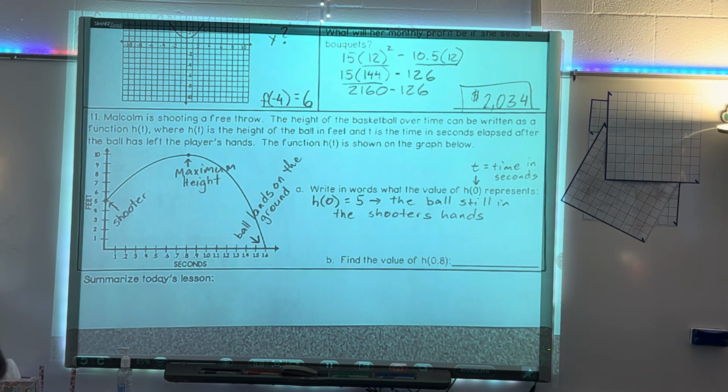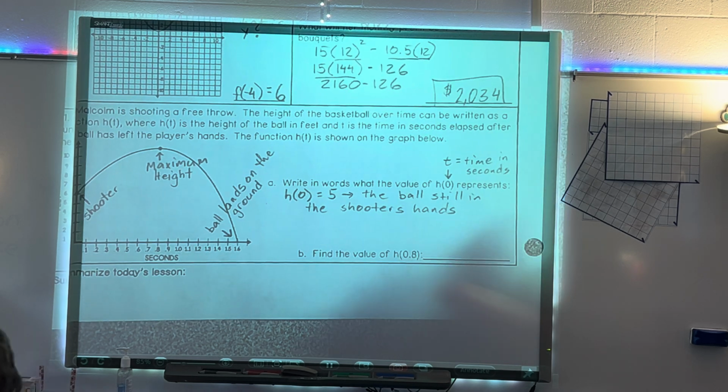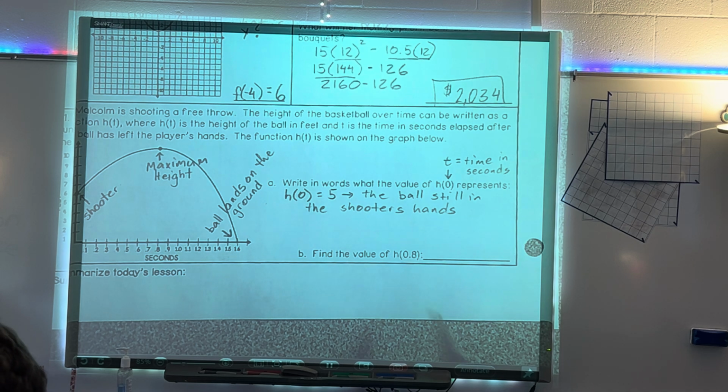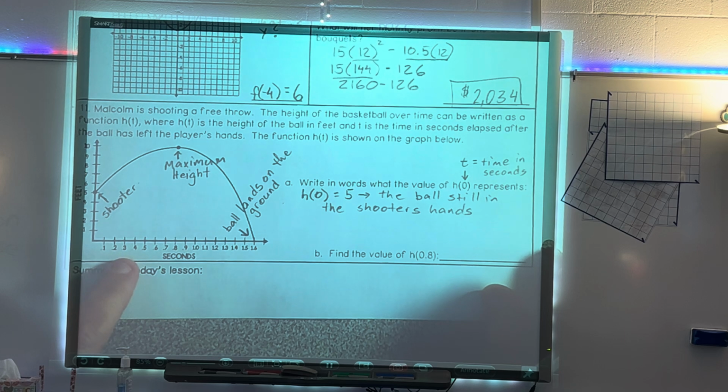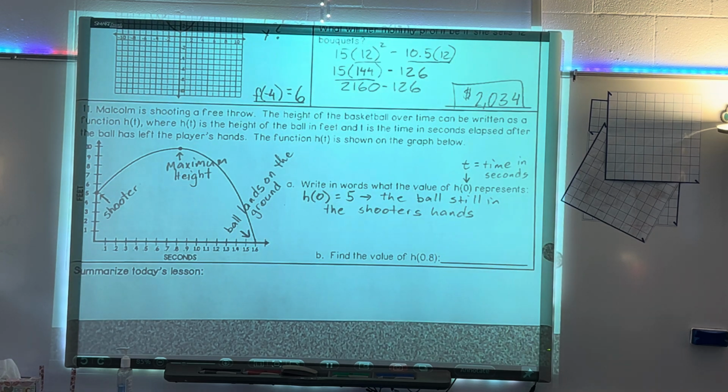Typically, they're probably gonna ask you for a value in the problem, but they're also gonna ask you to describe what that represents in this problem, because it's gonna vary depending on what point they're asking you and what the problem's talking about, okay? So here they want us to find the value of h of 0.8, because these seconds down here are like 0.1, 0.2, 0.3. It doesn't take very many seconds for a ball to go up and hit the ground.